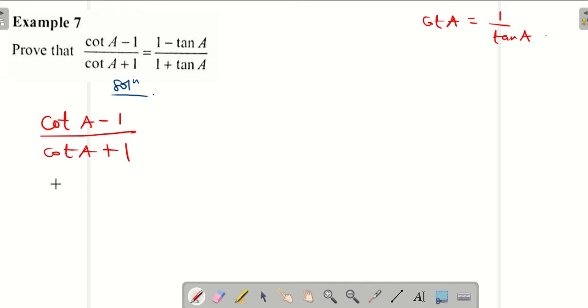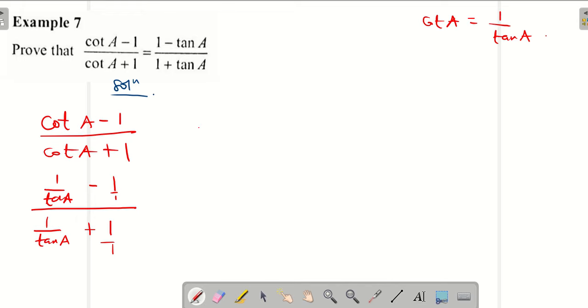So we can rewrite this one as 1 over tan A minus 1, and all divided by 1 over tan A plus 1. Now we have both the numerator. This one is also over 1, and this is also over 1. So we can find the LCM for both the numerator and the denominator.